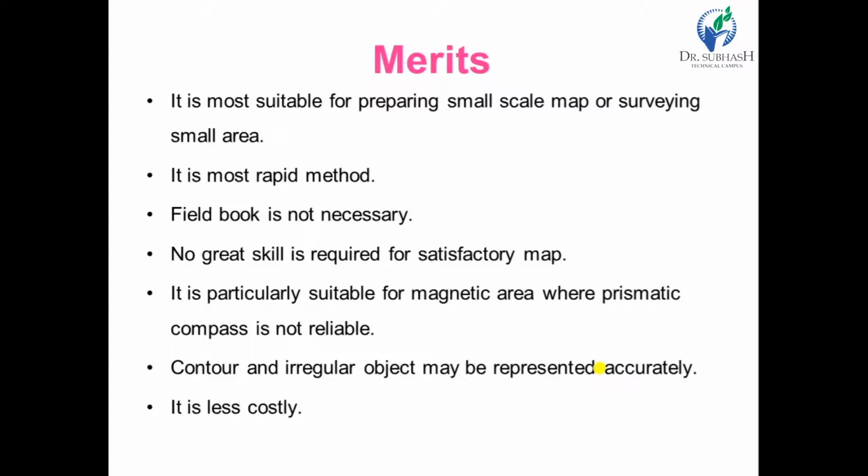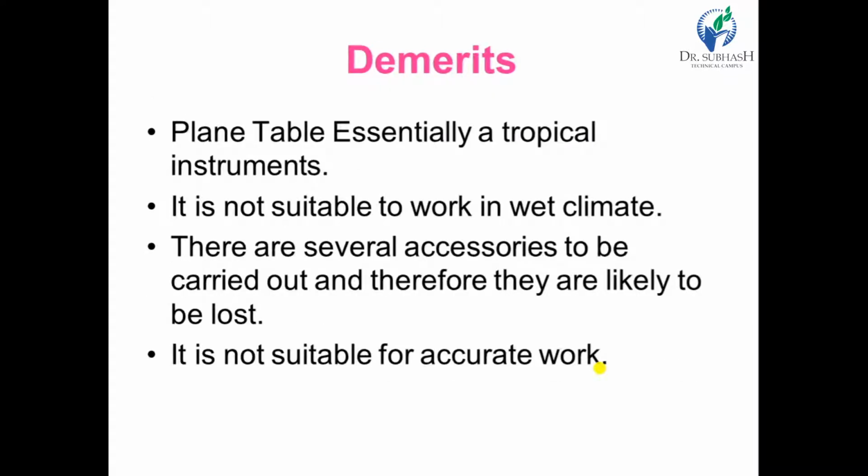Now, what are the merits of plane table surveying? Generally, it is a most suitable method. A field book is not necessary. It is the most rapid method. No great skill is required for a satisfactory map. Contours and irregular objects may be represented accurately, and it is less costly. The plane table is generally a topographical instrument.